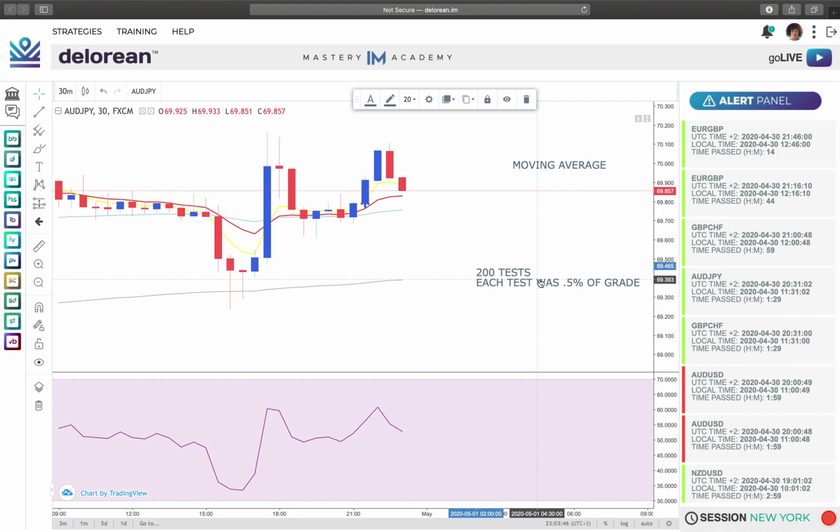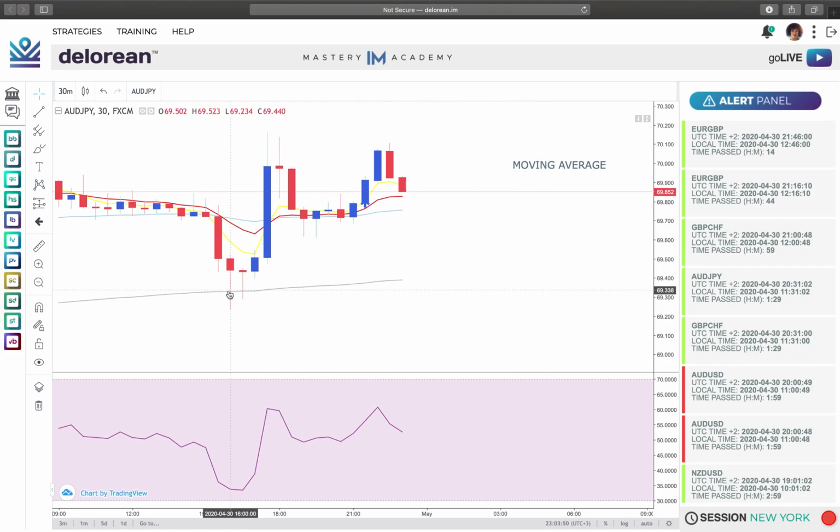No. So I wanted you to know that because you got to think of all of these colors very similar. The yellow is the smallest. That is the 5 exponential moving average set to close. This is the 13. This is the 50. This is the 200, and of course, the dark blue that we rarely see is the 800.